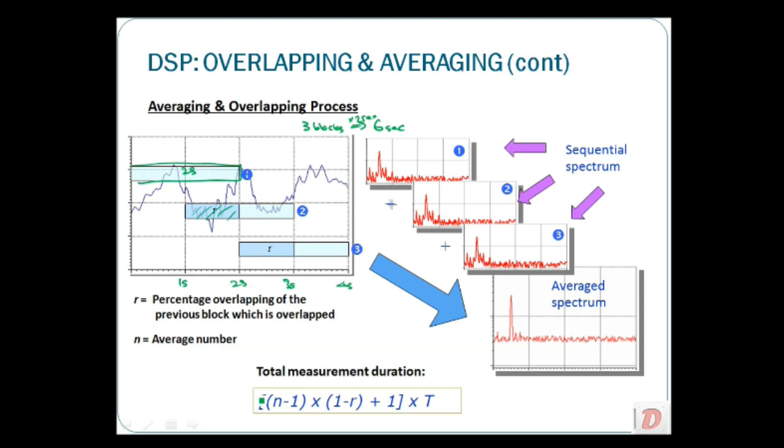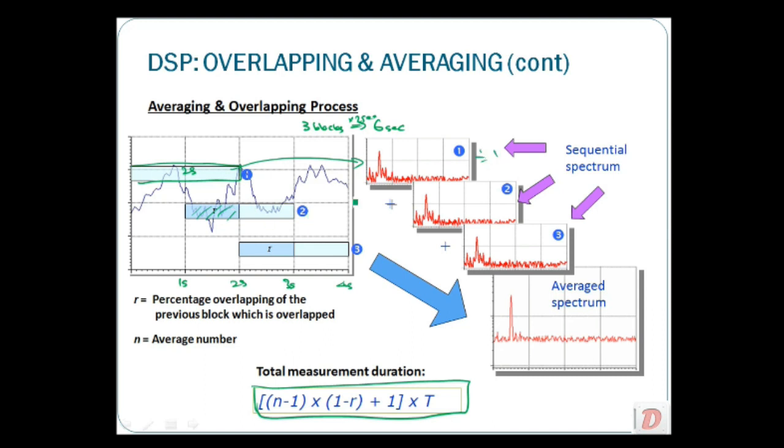This is the equation that you can use to calculate the total measurement duration when you want to perform overlapping of your signals in blocks. Averaging is like I mentioned: the block is sent to FFT and you get one spectrum. The first one, of course, you divide by 1.